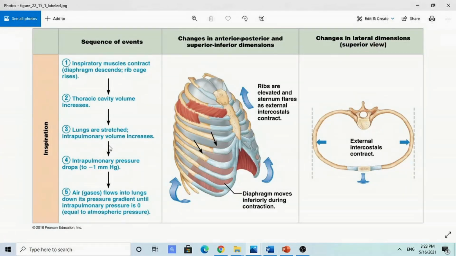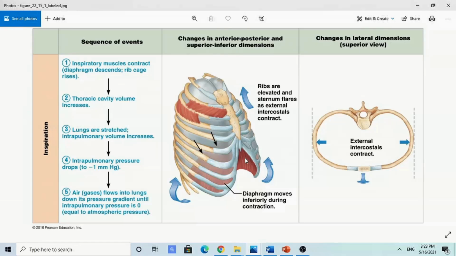Just to repeat, external intercostal muscles, which are these ones, contract, and the diaphragm contracts and flattens. When the diaphragm flattens, it moves down, presses against abdominal organs. When the volume of the thoracic cavity increases, the air within the lung will occupy more space.